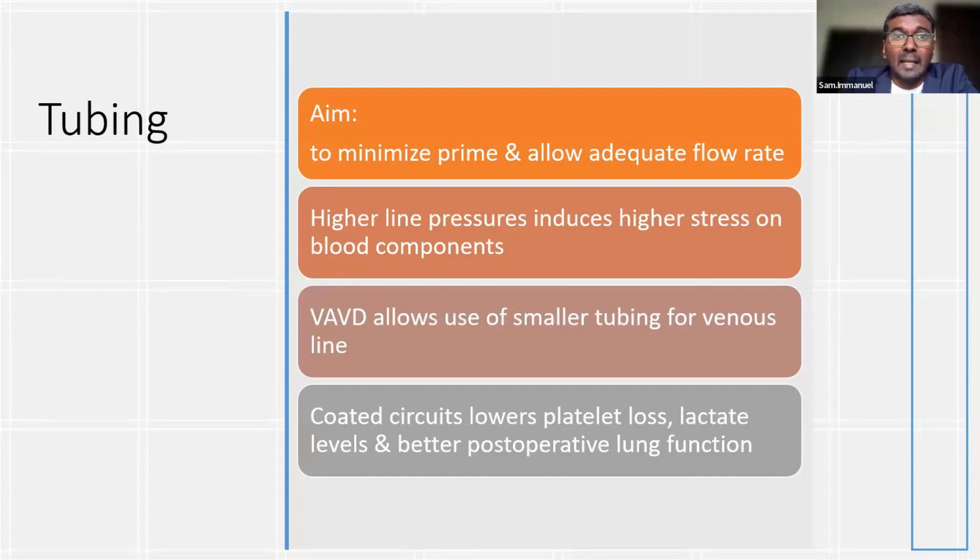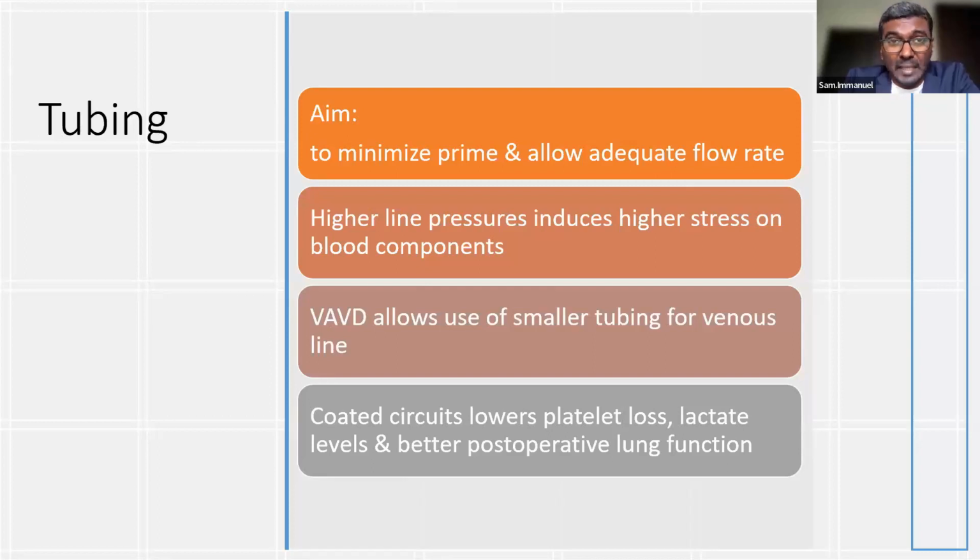And you need to keep in mind that these tubings are going to be smaller in size, not like a 1/2 inch or a 3/8, but entirely small tubings with quarter and 3/16, where your line pressure tends to be higher. And also this can have a higher stress level to your blood components.